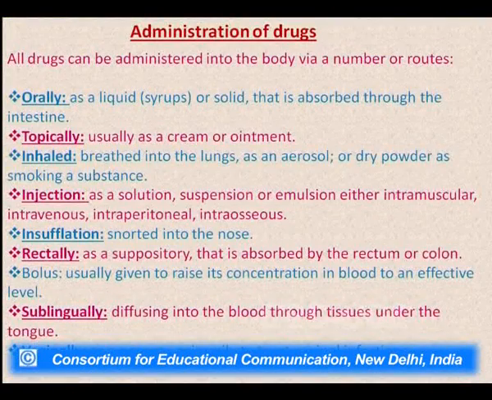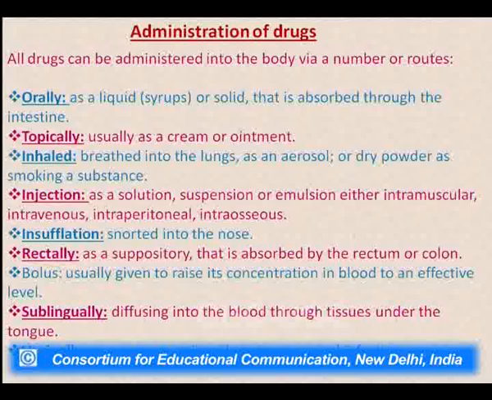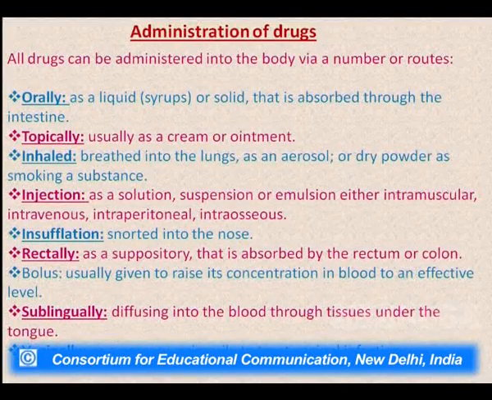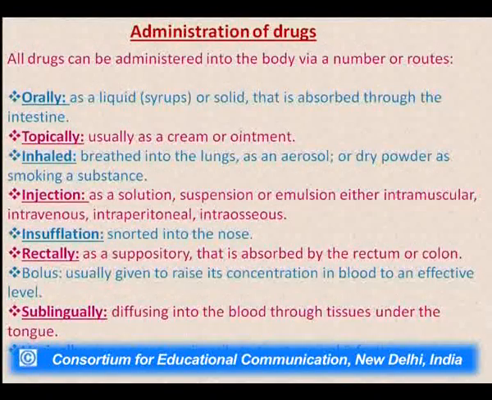There can be a number of ways via which we can introduce these drugs into the body, like orally. As a liquid we can take, which is also called syrups in the scientific technical language, or we can take a solid like tablets, and these tablets or solids will be absorbed through the intestine. We can take the drugs topically, which are used in the form of creams or ointments.